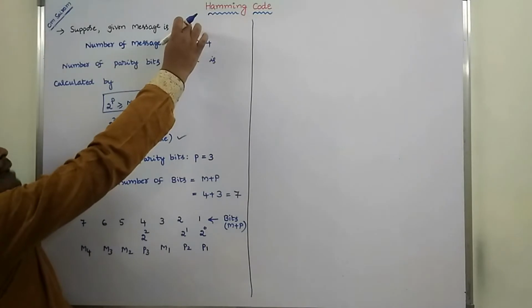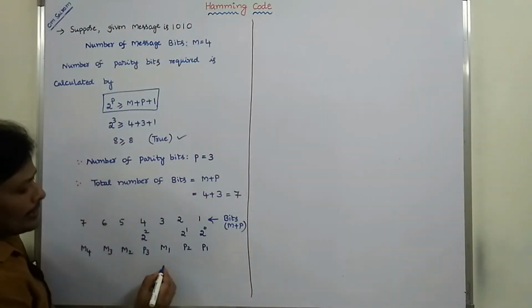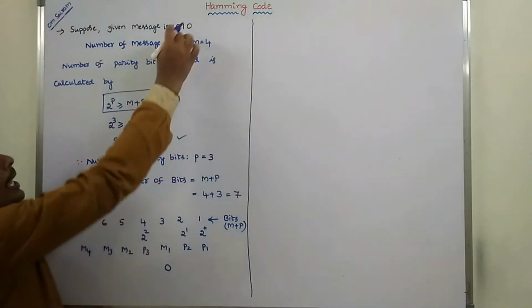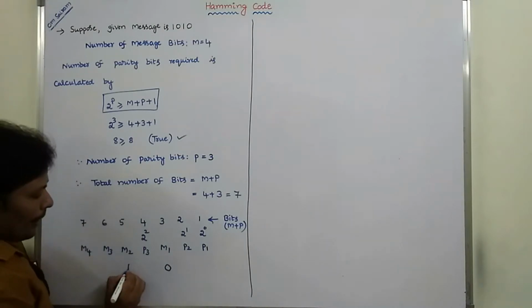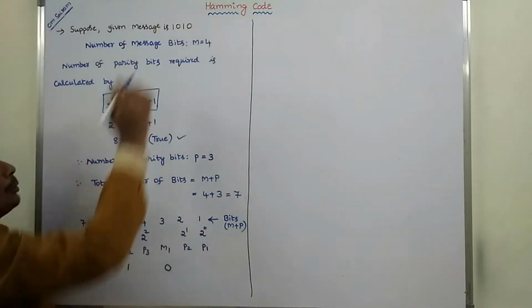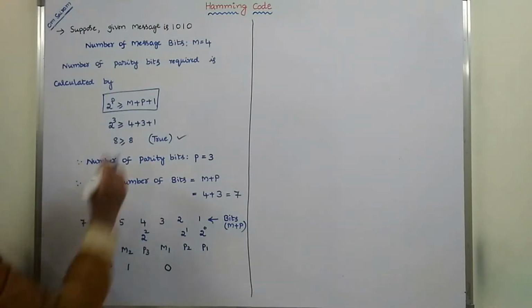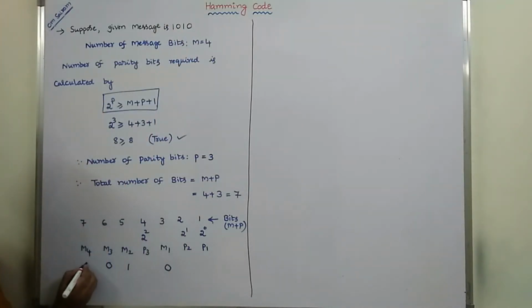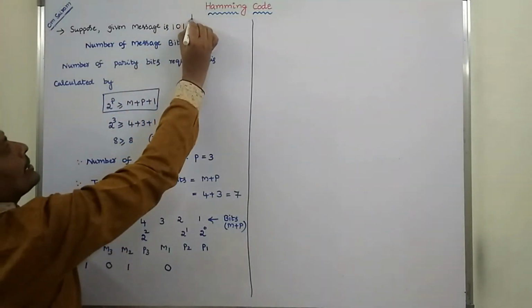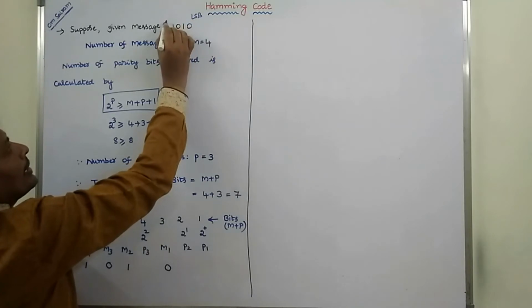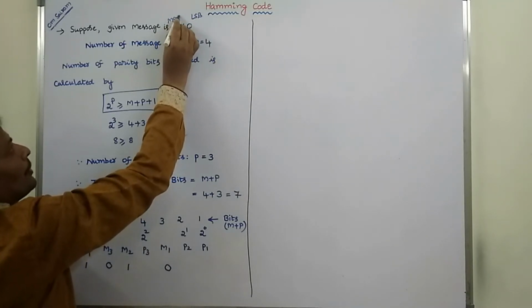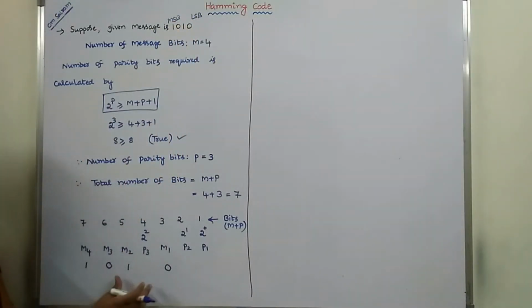Here M1 value, on the LSB side, is 0, M2 value is 1, M3 value is 0, and M4 value is 1. Okay, so this is LSB and this is MSB. Based on that we have to insert these values.